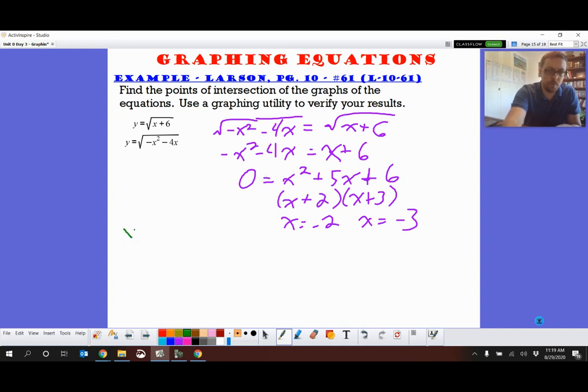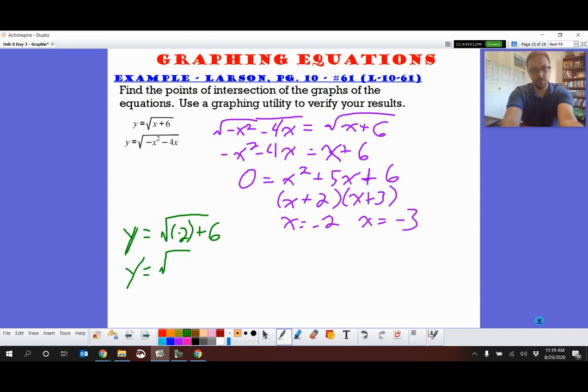So y equals the square root of -x plus 6. So if we do -2, we get y is the square root of 4. I don't know why I'm writing all this. So y equals 2. So our first answer should be at -2 and 2.